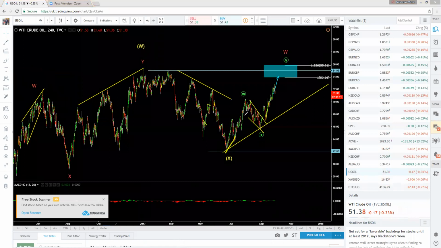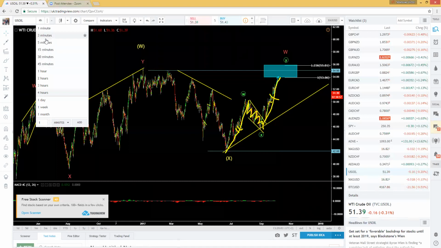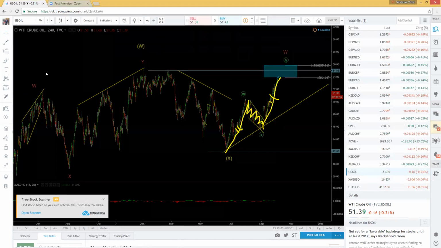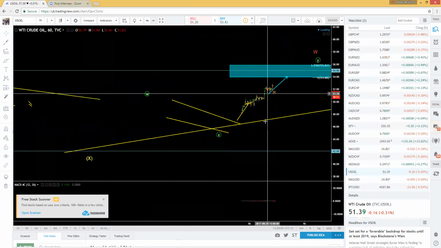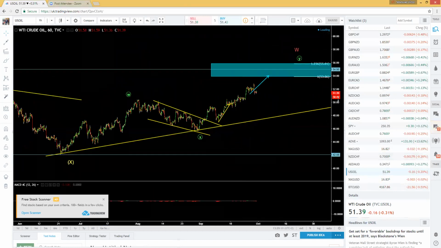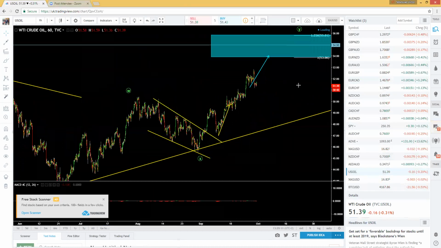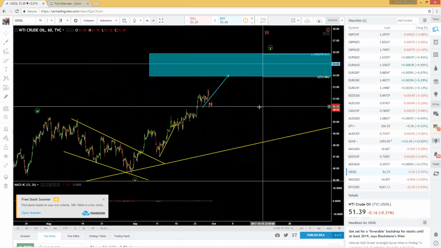So here what I have is a clear 3-wave structure. I get an impulse, a clear correction. I just want this to get here. Then I have this equals to this. But it's a bit too late to enter oil now because we're getting into the reversal area and the blue box with the target of 53.86.